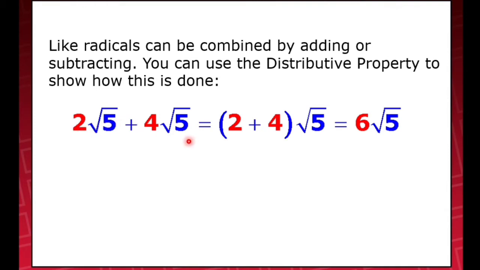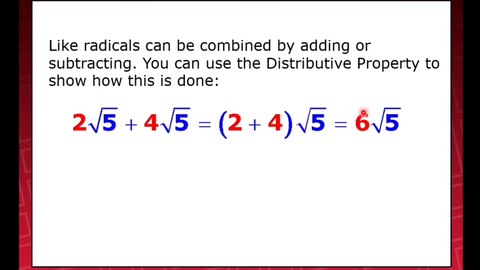Now, how will we be able to combine or add these? We just need to add 2 and 4, 2 plus 4, and then copy the common radical, which is square root of 5. Combining these, 2 plus 4 is equal to 6.